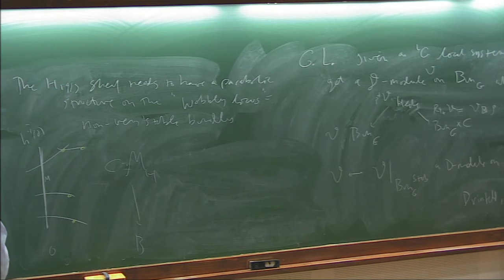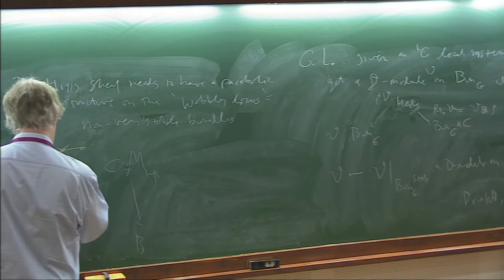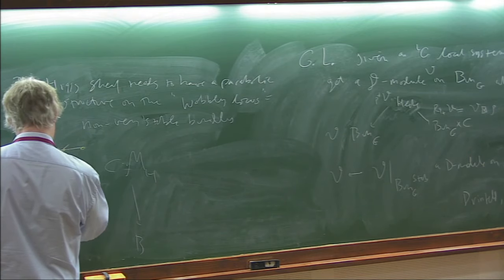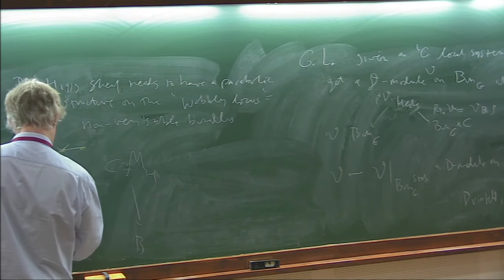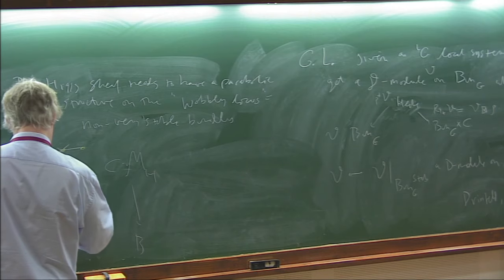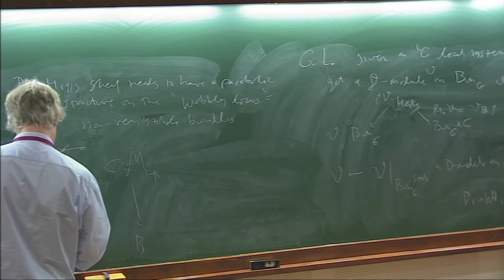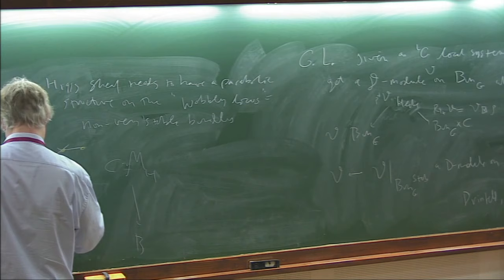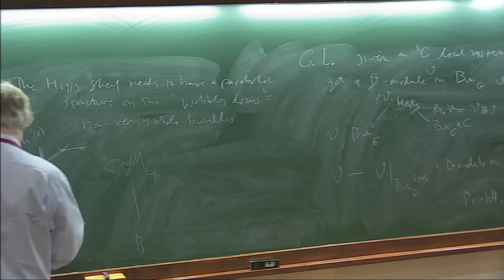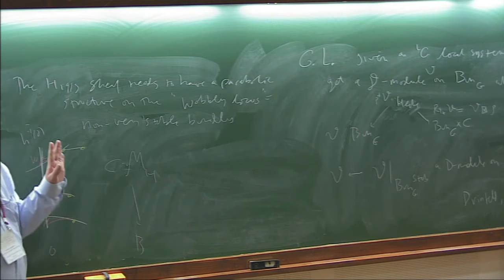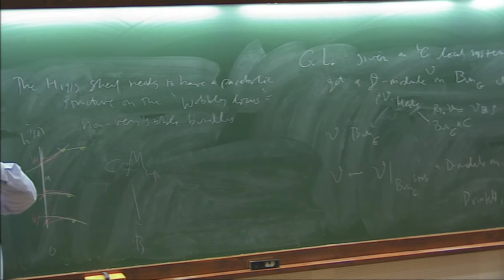And the wobbly locus is all of the things you get by flowing downward from a fixed point in all possible directions and hitting M. This is W. So in a nutshell, the wobbly locus is the places where the other components of the nilpotent cone join on to the basic one.